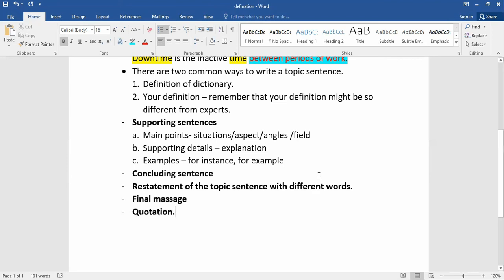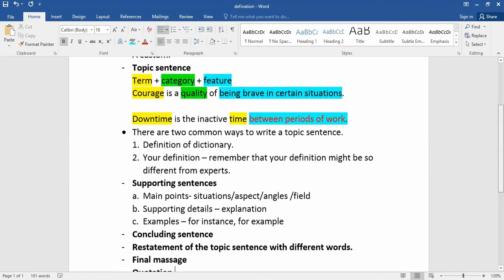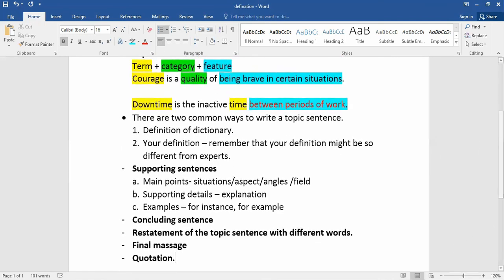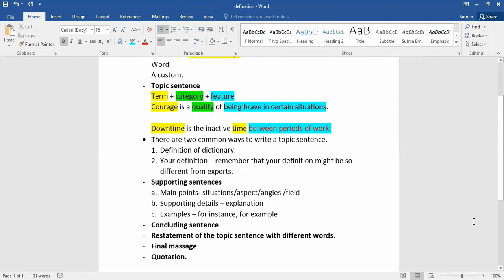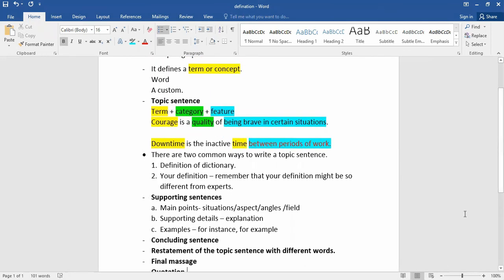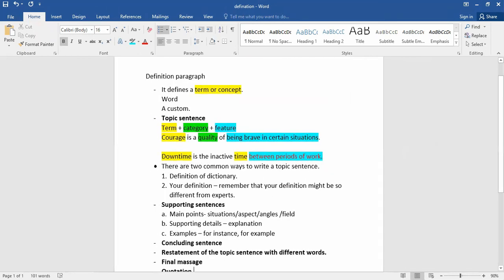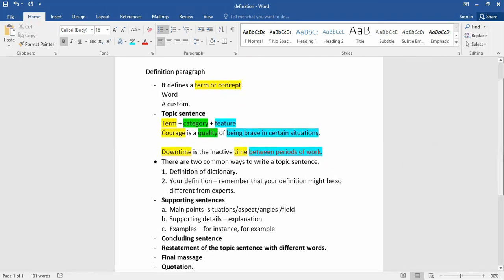So, in this way, you can write a beautiful definition paragraph. So it is just the structure of a definition paragraph. I hope you understood. Did you understand?